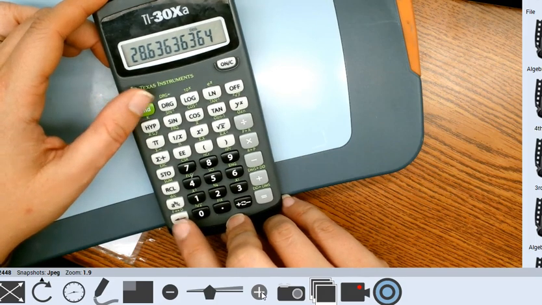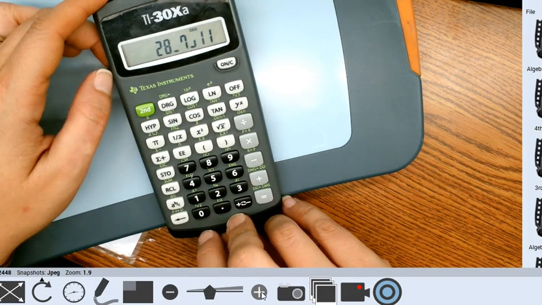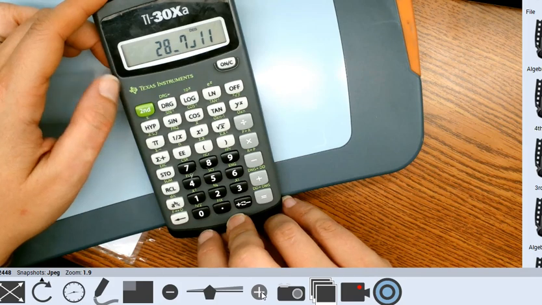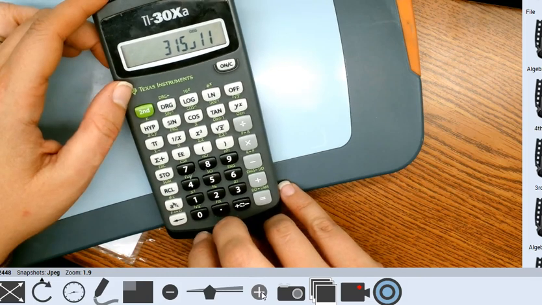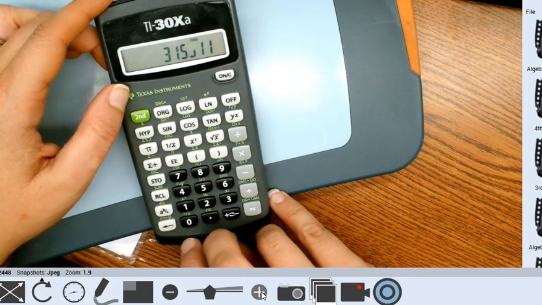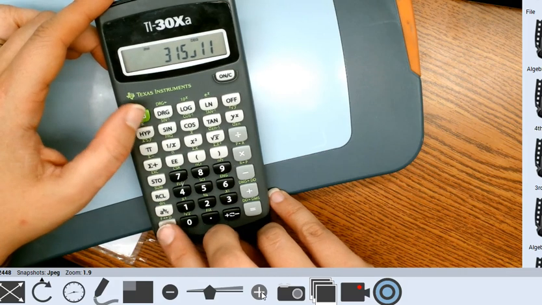I can turn it back into a fraction. Now it's a mixed number. Right? I can get it into a mixed number. I can get it into an improper fraction that's reduced. See how nice this is? It does all of the work for you. So it's all about, do I know how to use my calculator and letting it work for you.